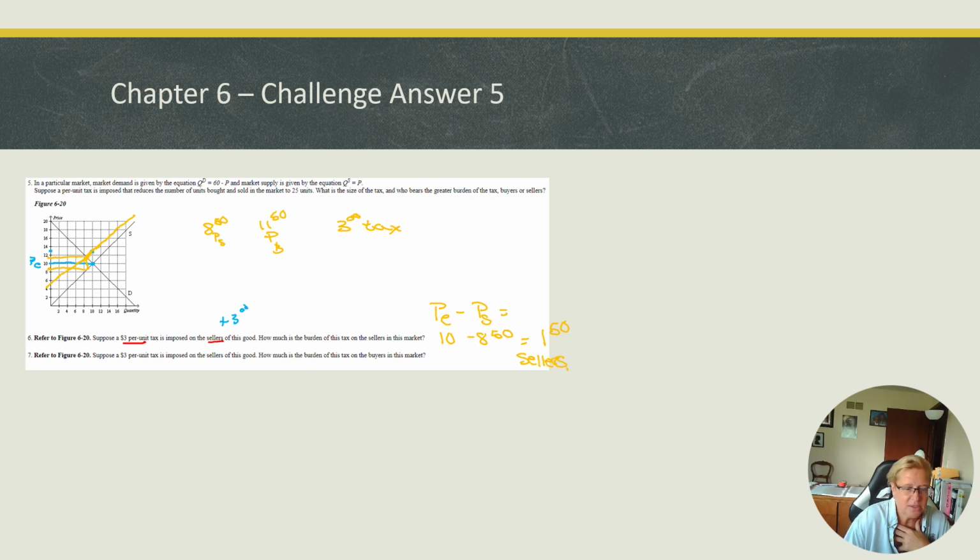How much is on the buyers? Again, price equilibrium is 10. The price buyers are paying is going to be $11.50 minus the $10 is going to give us $1.50, which is the burden of the tax on the buyers.